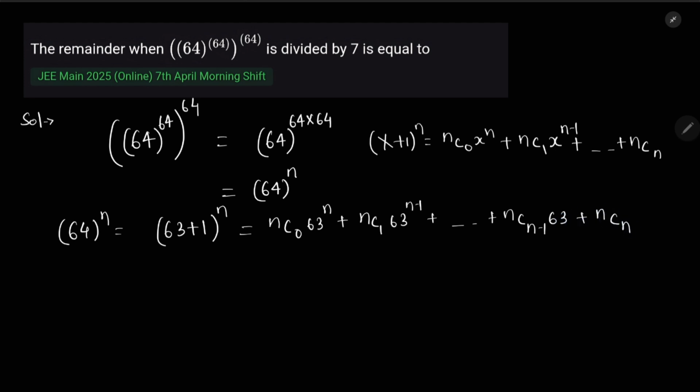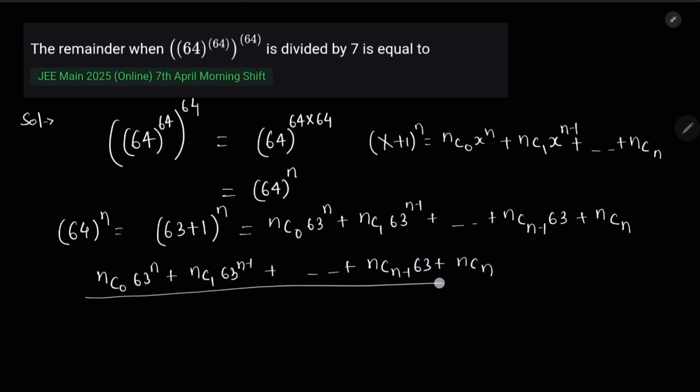Okay, so this is the expansion of (63 plus 1) to the whole power n. I need to divide this by 7.